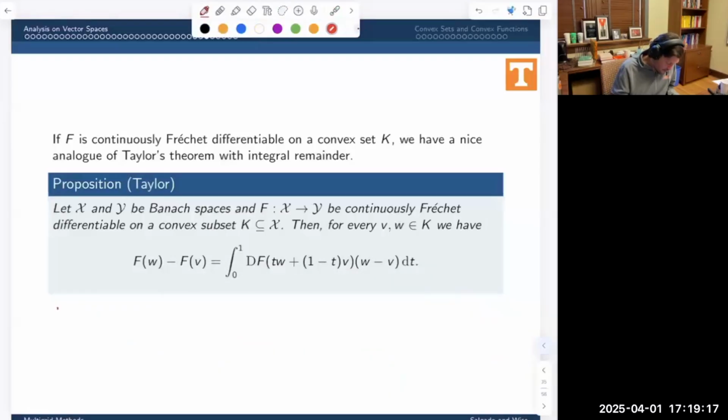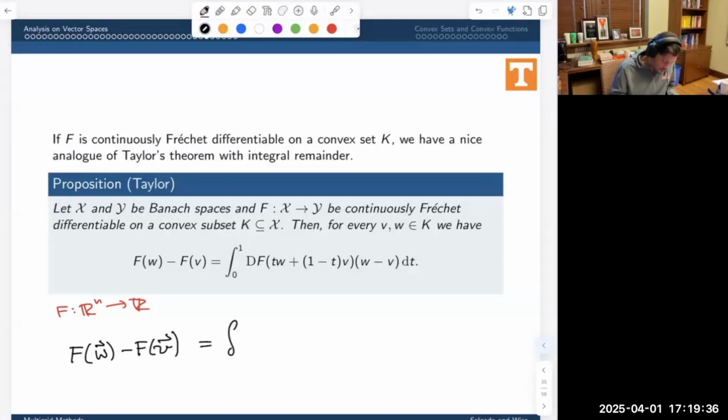So let's do exactly that. F from Rn to R. What does it look like, this result that we have just up above? Well, it's going to be similar. It's going to be f of w, but w is going to be a vector, minus f of v. V also is going to be a vector.